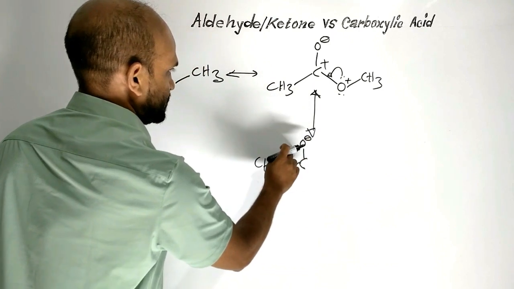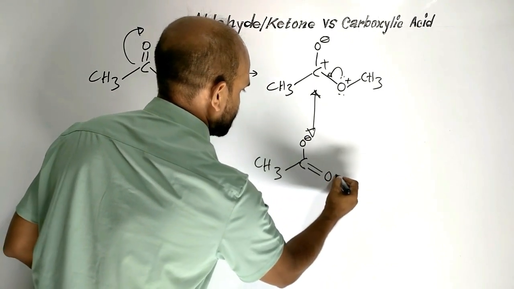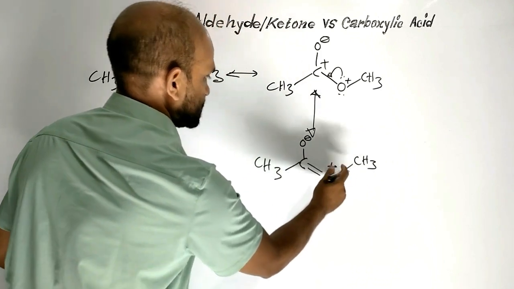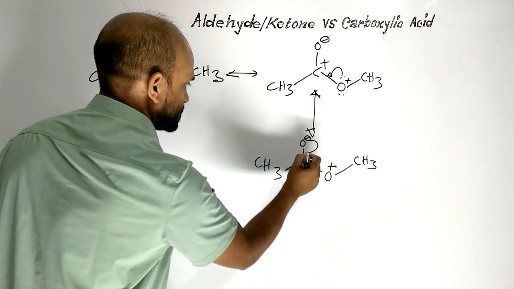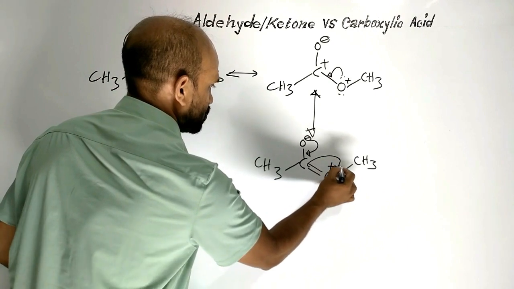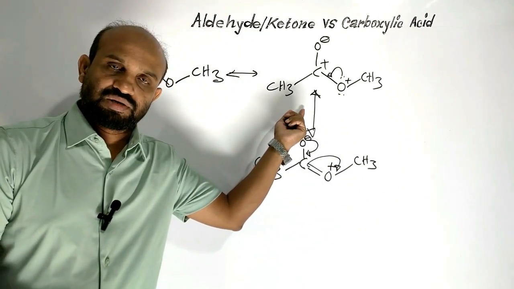Oxygen becomes negative in charge. A carbon oxygen double bond is formed. Here CH3 over oxygen with positive charge. Now these lone pair of electrons turn into a bond pair. These bond pair of electrons turn into a lone pair. That is, the previous structure is obtained.